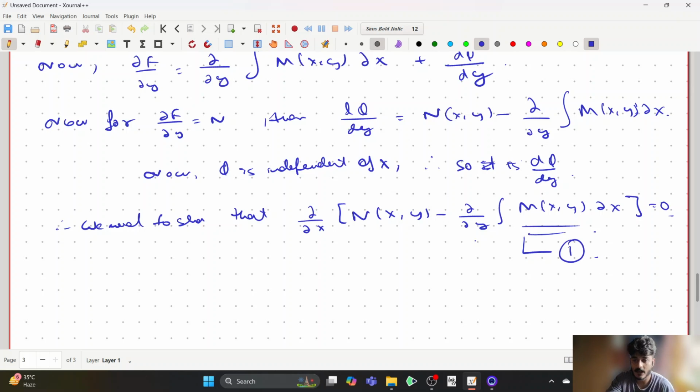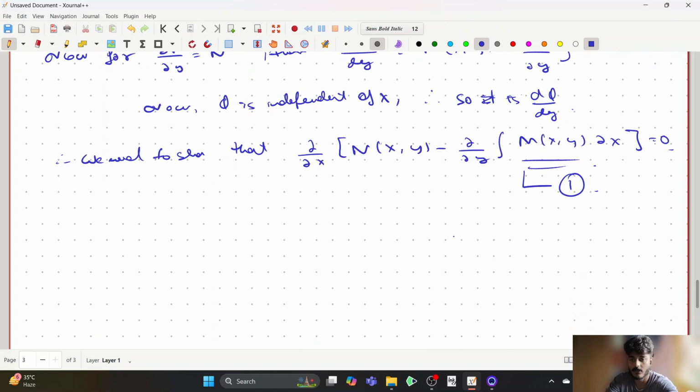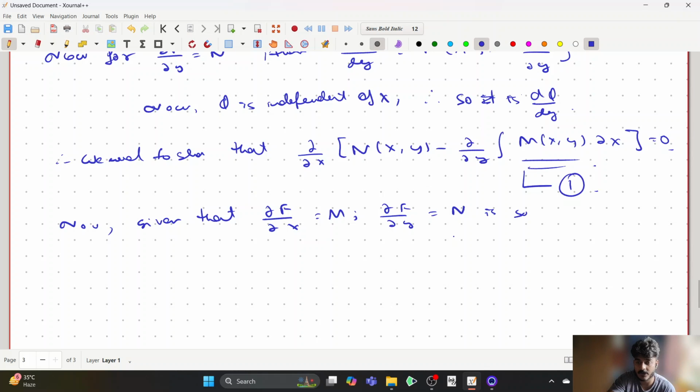Okay, suppose this is 1. Now observe that, so I need to come up and show this. Now given that del f by del x is equal to m, del f by del y is equal to n, something rather, given that, I wrote a wrong hypothesis.